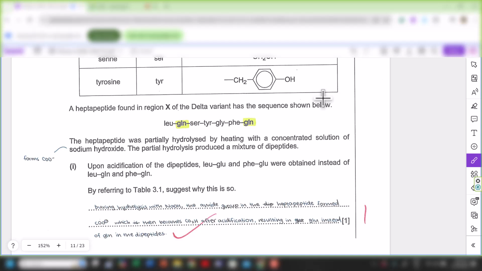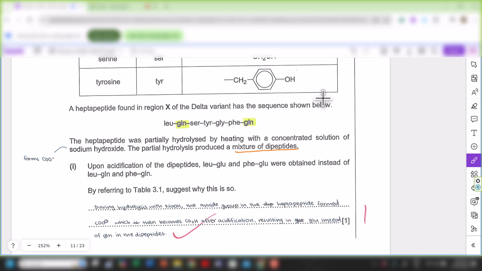I know none of you are bio students, but I tell you the terms so that when you learn chemistry, you're also familiar with them. They heat it up with sodium hydroxide, which is what we call partial hydrolysis. So they partially hydrolyze the peptides, and the partial hydrolysis eventually gives you a mixture of dipeptides.